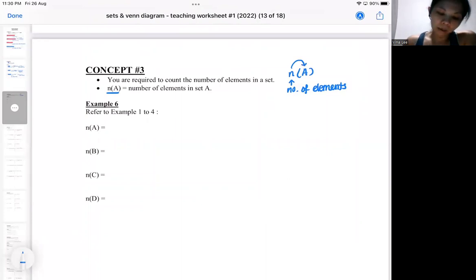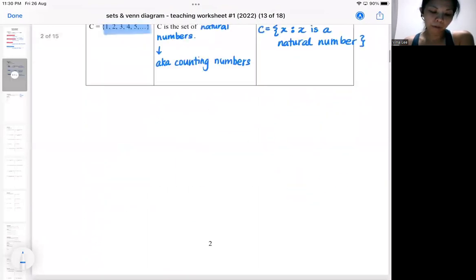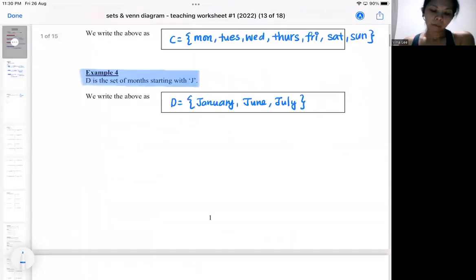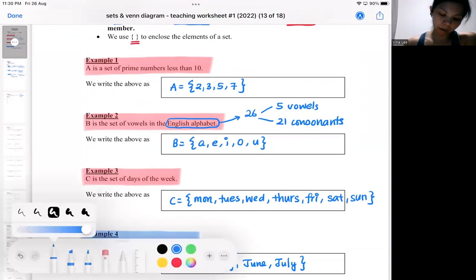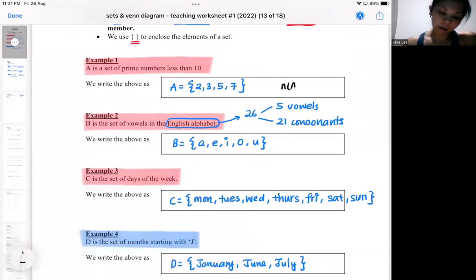So if we do n(B), that means how many elements in set B? So we're going to go back to examples 1 to 4. In prime numbers, A has 4 elements. So n(A) is 4.